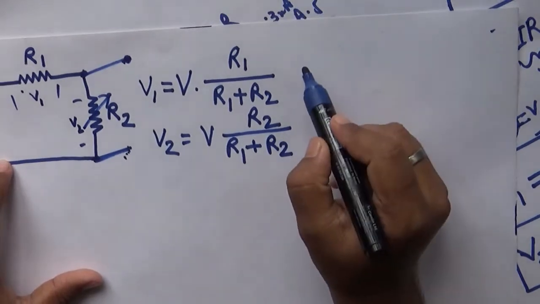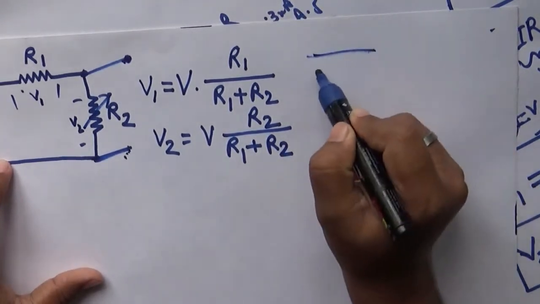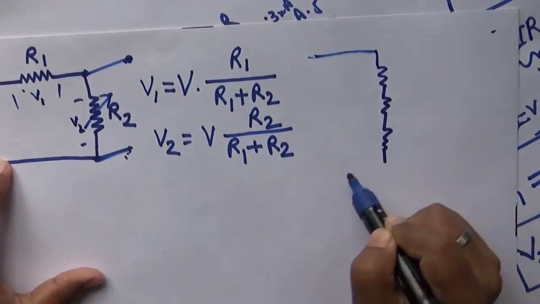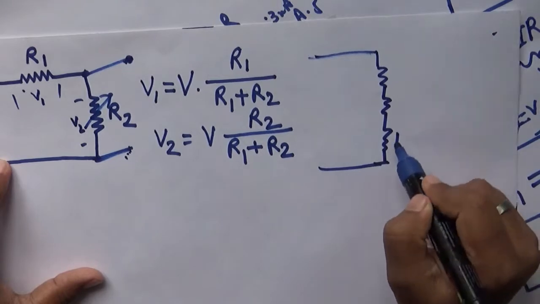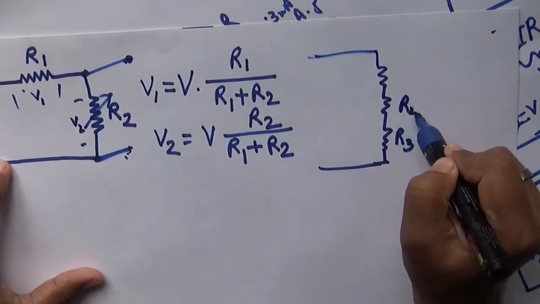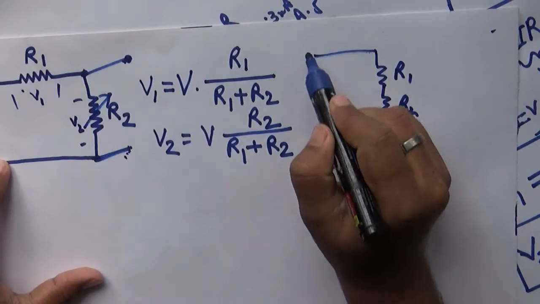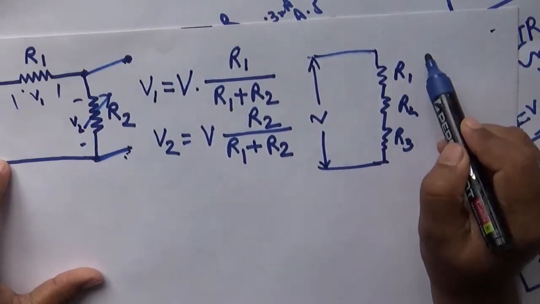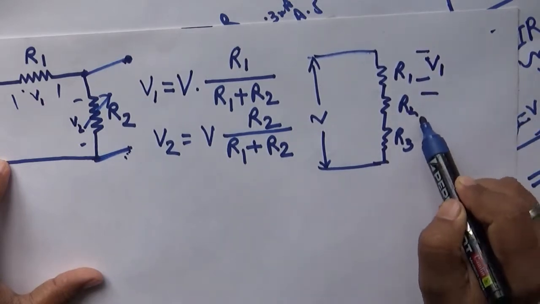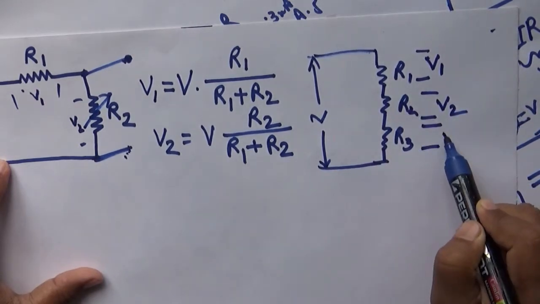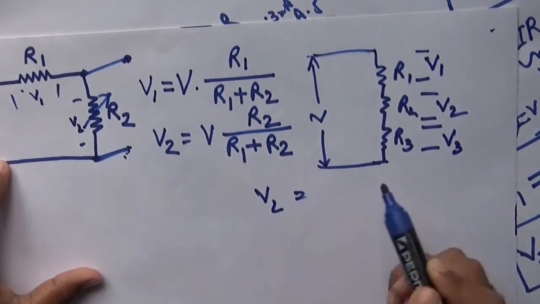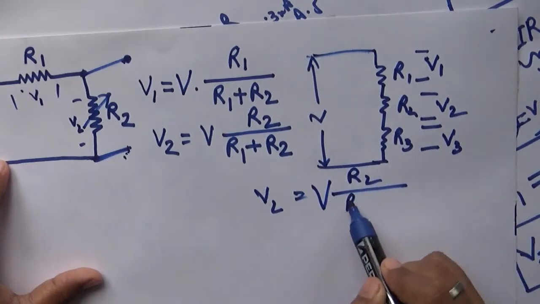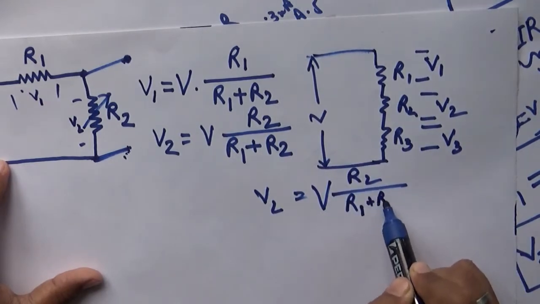It is a very usual thing for circuit theory. If there is an input voltage V and there are 3 resistances, R1, R2, and R3, the voltage across them is V1, V2, and V3. What is V2? It is simple: V times R2 by R1 plus R2 plus R3.